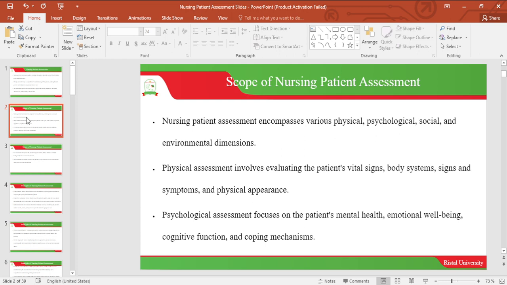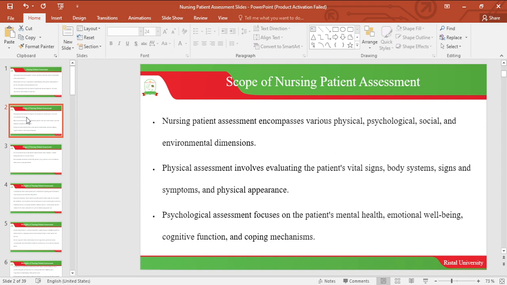Let's look at the scope of nursing patient assessment. Nursing patient assessment encompasses various physical, psychological, social, and environmental dimensions. Let's look at the physical assessment.